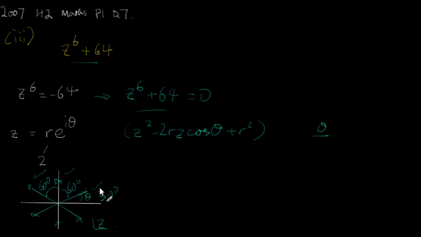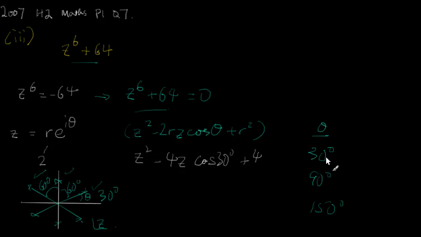So theta can be 30 degrees, 90 degrees, and, oh no, wait, from here, 150 degrees. So let me write down what this would look like. That's z squared minus, r is 2, so 2 times 2 is 4, z cosine 30 degrees plus r squared, which is 4.